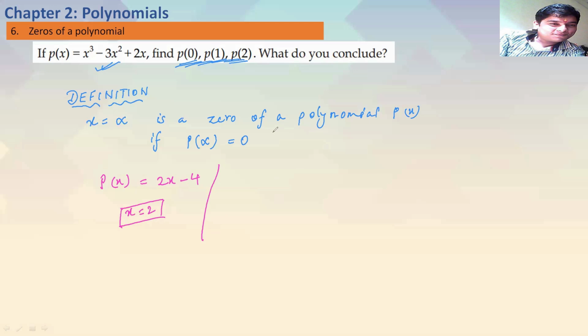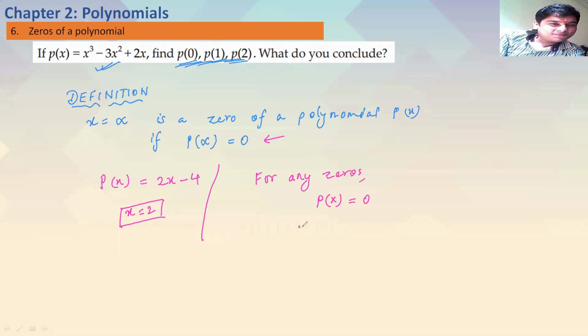Since you are finding zeros, the polynomial's output should be equal to 0.